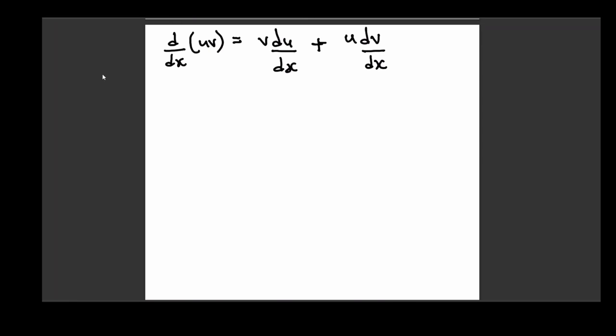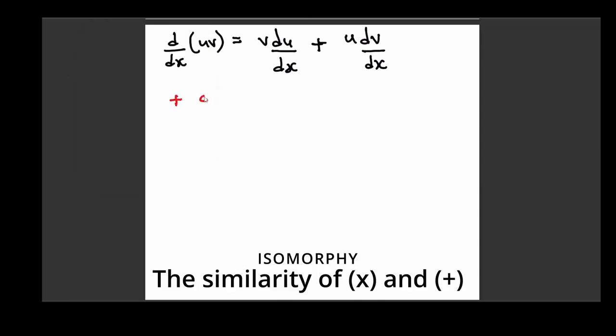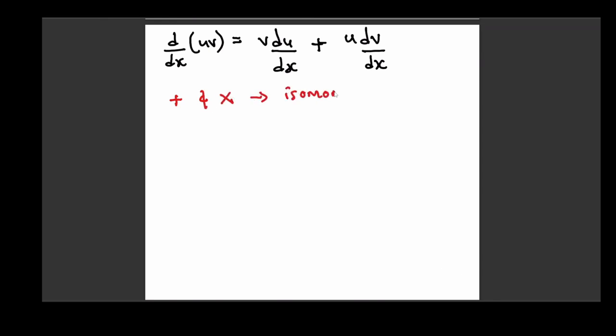Now, before we go any further, it's important to note that addition and multiplication are what is called isomorphic. And being isomorphic means they are similar. They are not congruent, but they are similar. The similarity between addition and multiplication is demonstrated here: since it's the product rule and u is multiplying v, our v du/dx is adding our u dv/dx.